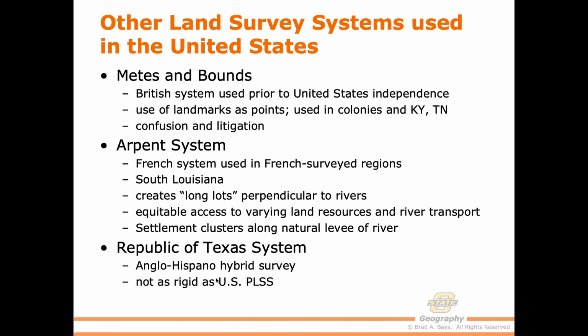All right, let's talk about those other survey systems that are still in use. The metes and bounds system, as I mentioned, was a British system that preceded the United States independence. It utilizes landmarks for points, and this was used in the original colonies, Kentucky and Tennessee.